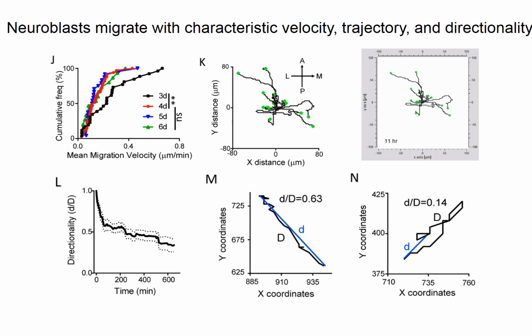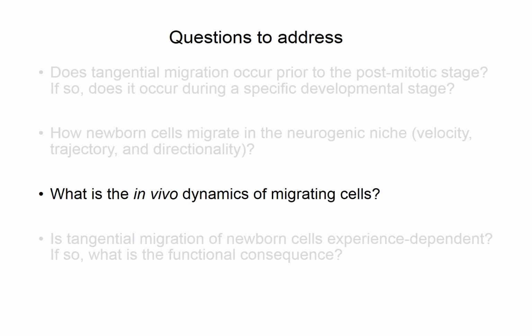So the next question that we want to ask is what kind of in vivo dynamics we can get from those migrating cells. First, we can really use this system to identify a stereotypic migration cycle associated with those cells.